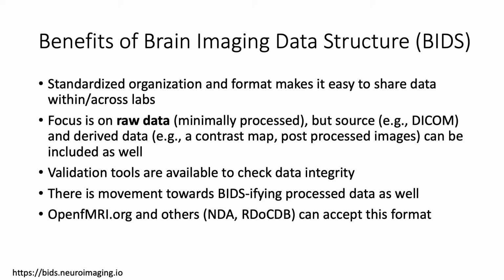But we also think about how we might organize some of the DICOM data, as well as any processed data and event-related data. If you've gone through the process of applying your regressions, where do we store that? Or if you've done different types of regressions to look at your data differently, how might you store that? BIDS also has validation tools available to make sure that you follow the format that they recommend.